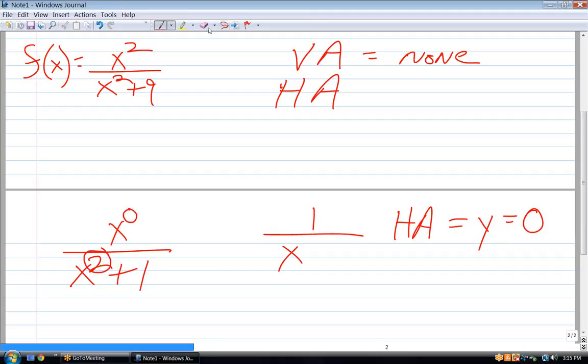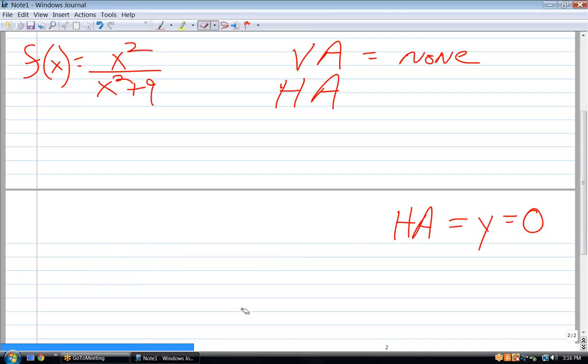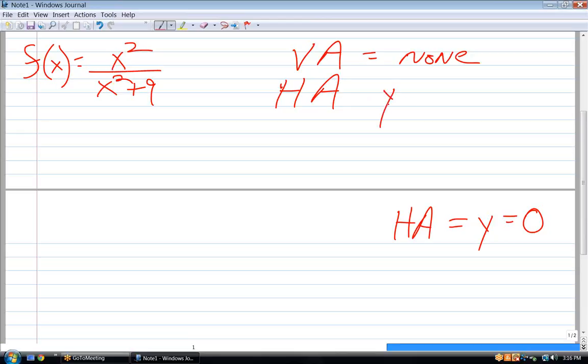Y is equal to 0 is your horizontal asymptote. So that's one situation. Second situation is where the exponent of the highest degree is the same, which is the case in this problem, then your horizontal asymptote is y equals the ratio of their coefficients.